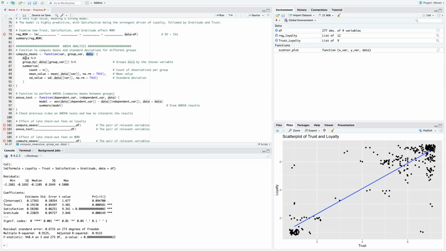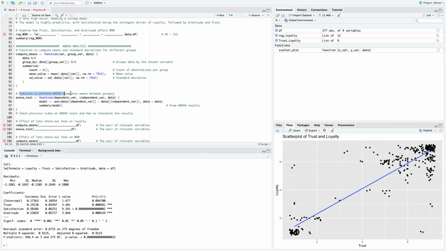Based on the data, we group by the grouping variables, right? And then we tell R to summarize how many observations we have in each group. We compute the mean of the dependent variable for each group, and the standard deviation of the dependent variable for each group, right?